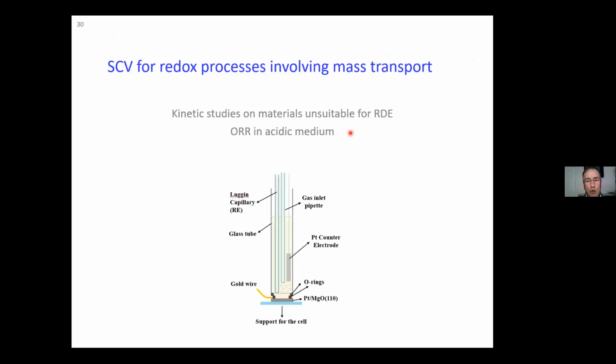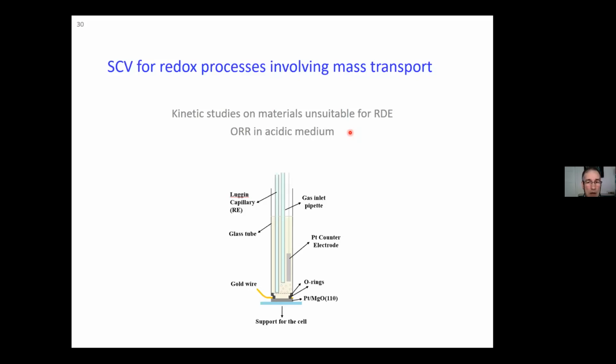So now I want to move to the second topic in the applications, and it's the use of sample current voltammetry in situations where the electrode material does not allow us to make a rotating disc electrode or a microelectrode.